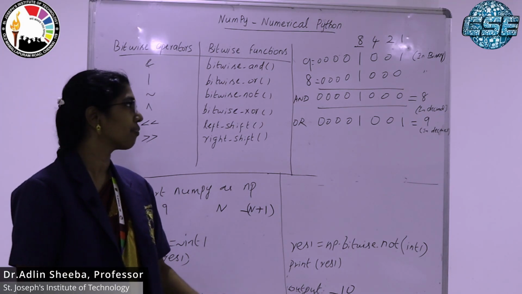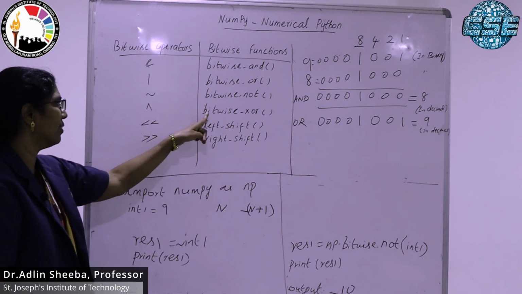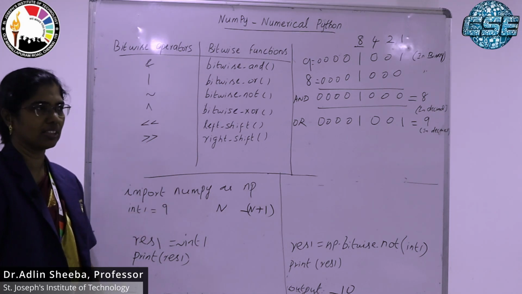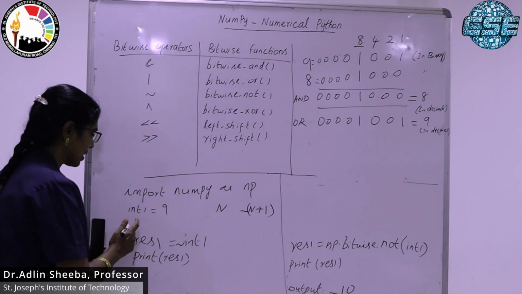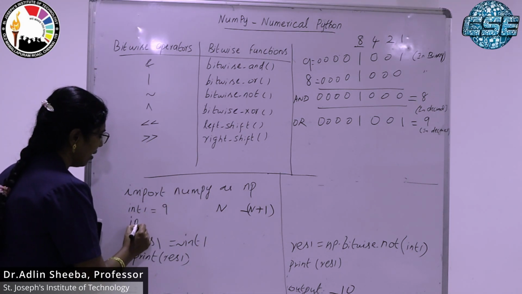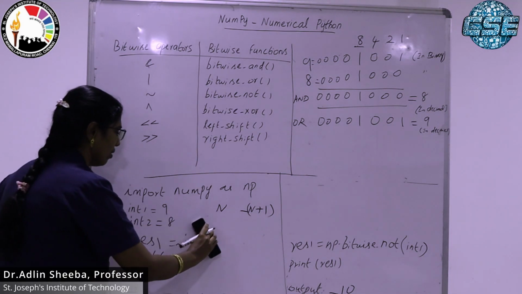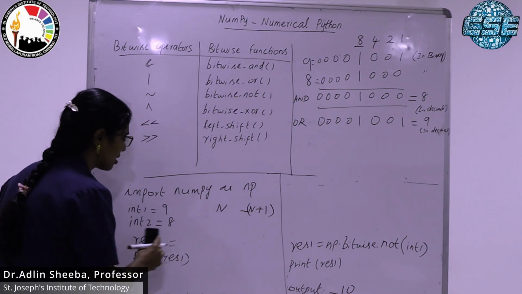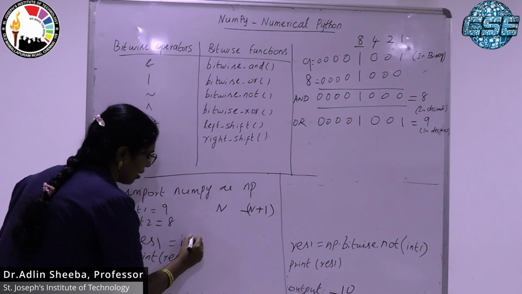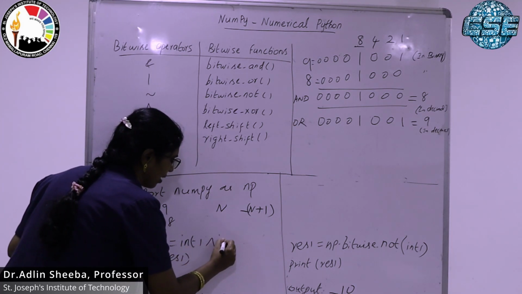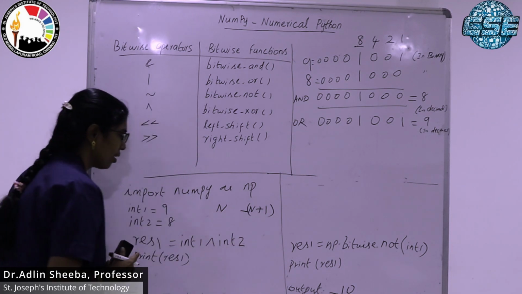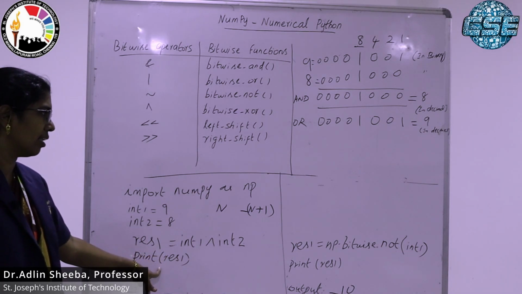Next one we have is bitwise XOR. Again we are going to take two numbers. For bitwise XOR, the symbol is int1 ^ int2, and we are printing the result.